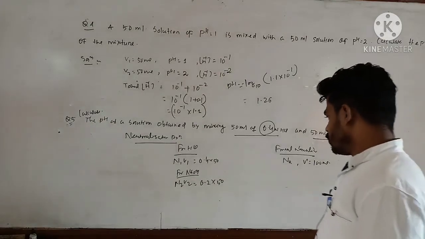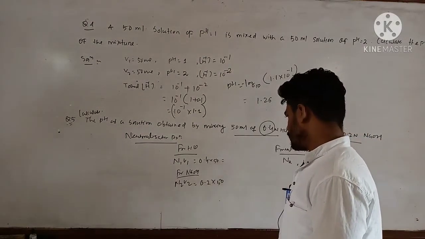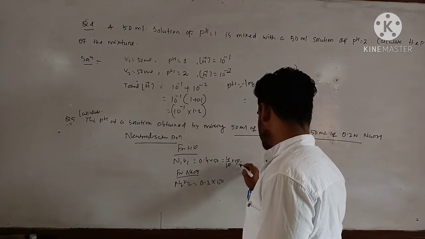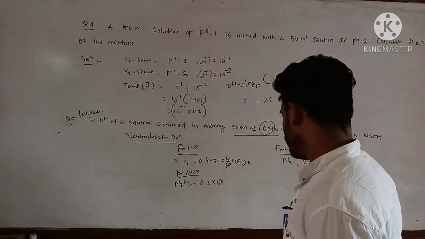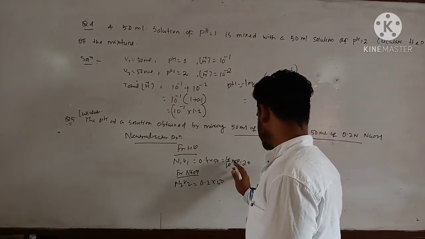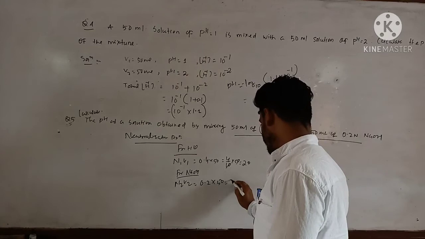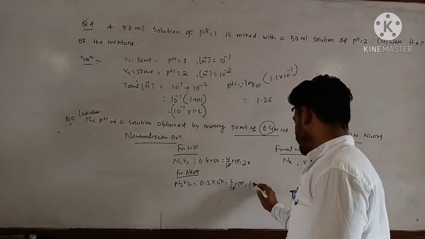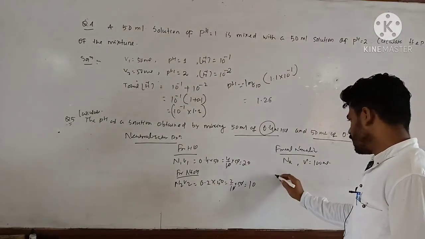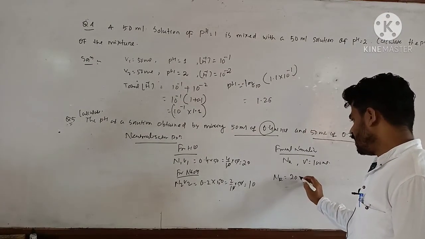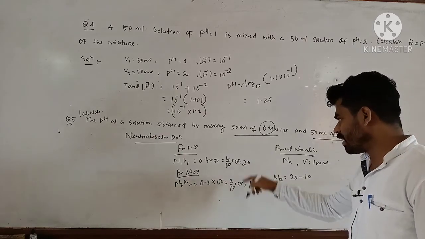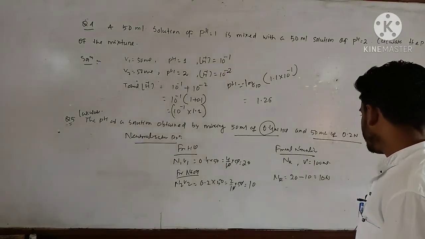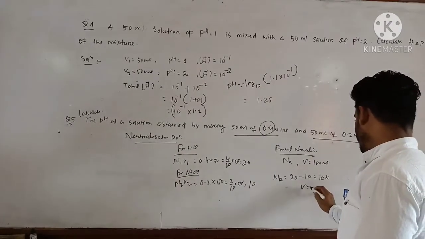I can write this as 4 by 10 into 50, that will be 20, and here 2 by 10 into 50, that will be 10. So the resultant Nr is 20 minus 10, because this one neutralizes this one. 20 minus 10 is 10N, and volume V is 100.